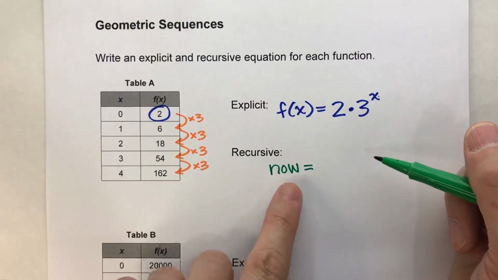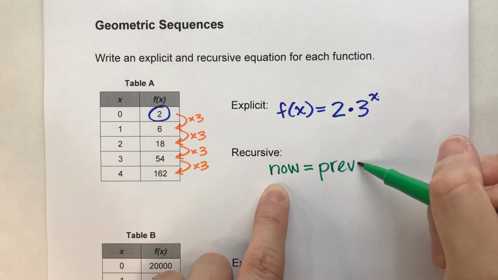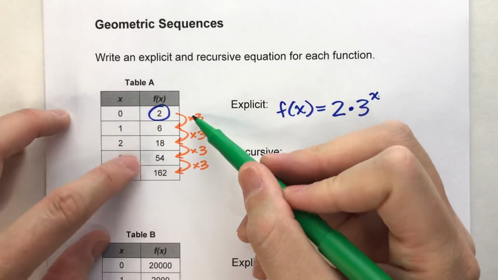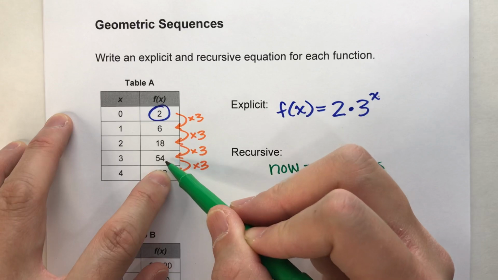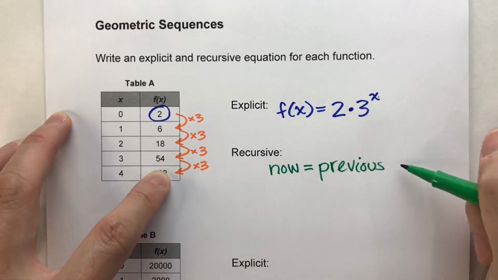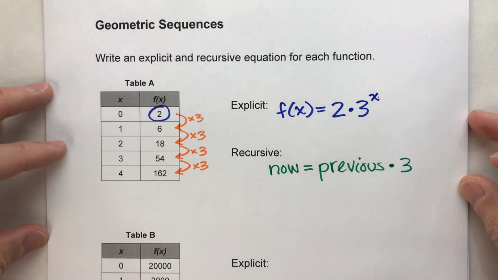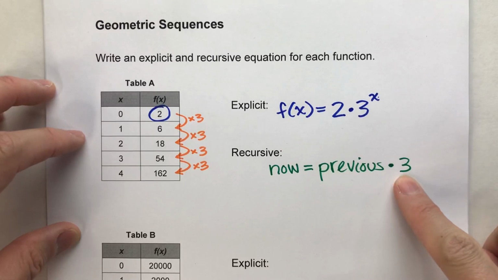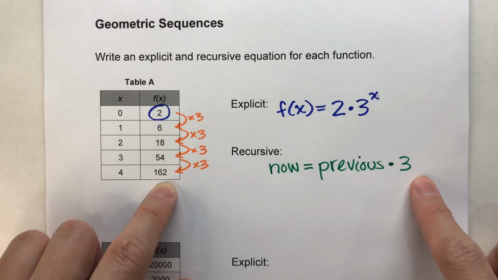Now, to figure out the current value, we take the previous value, and based on our pattern, multiply it by 3, and then we get the current one. So our formula is now is equal to previous times 3. And there it is. And that'll allow us to get any value of f of x. All you have to do is know the previous one and multiply it by 3.